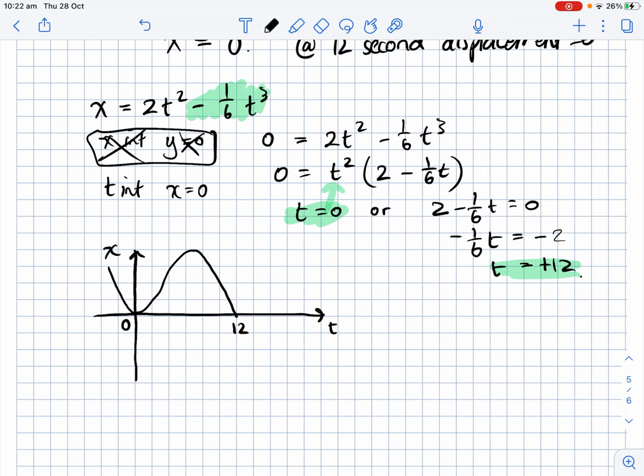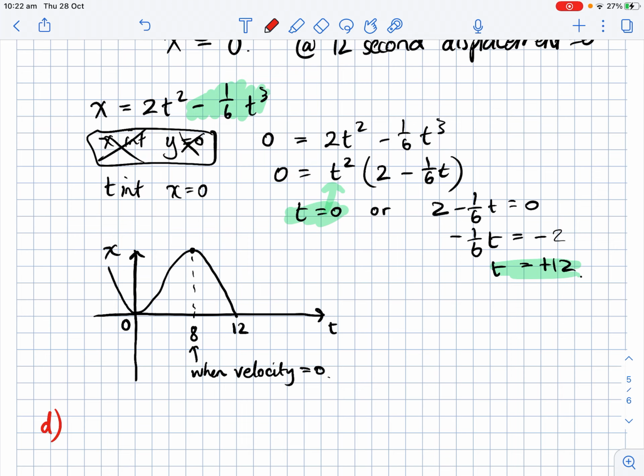That's 12, that's 0, and we know the maximum would be at 8 when the velocity was 0. So that's my displacement graph. This is going to be important to understand for when we try and do the last question.